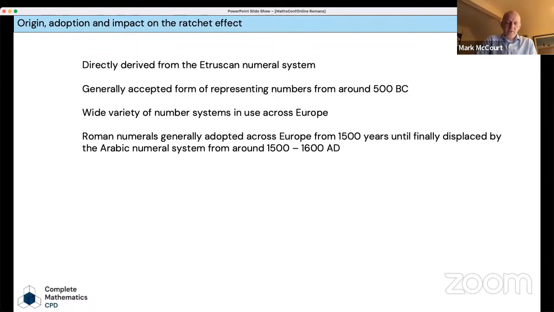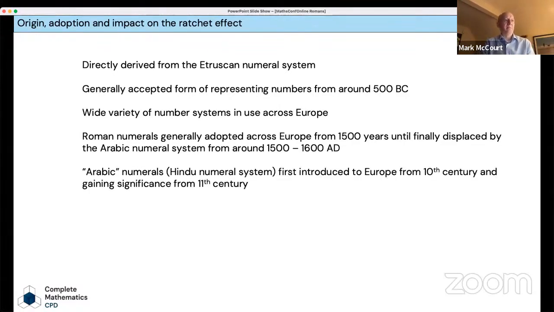1500 years of this numeral system that has really serious problems behind it and does have a massive impact on cumulative culture. And this is the dominant system for about 1500 years before Hindu-Arabic numbers start to replace that in the 10th century, 11th century, where people start to use Hindu-Arabic numbers, the numbers that we use today.